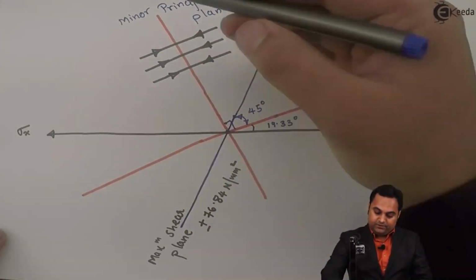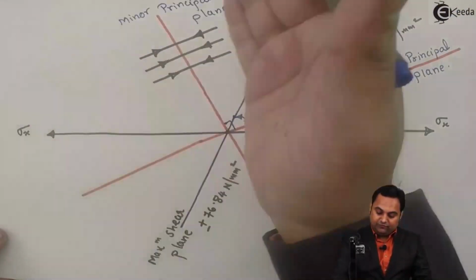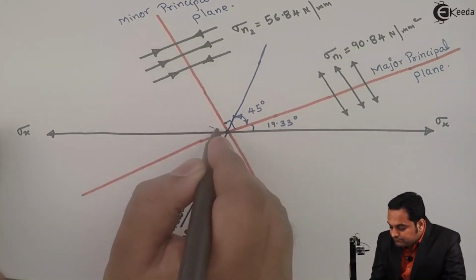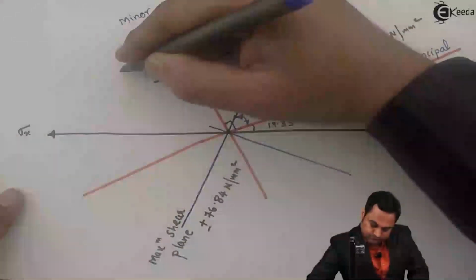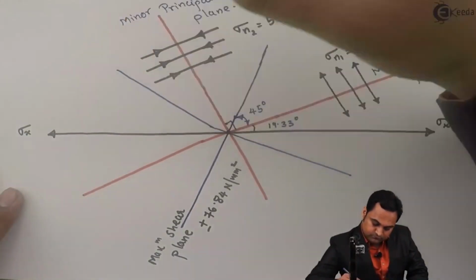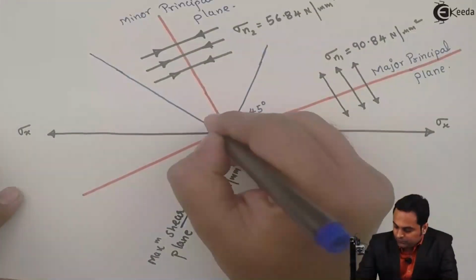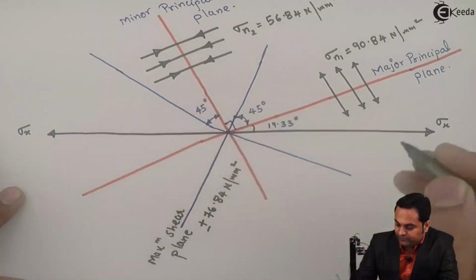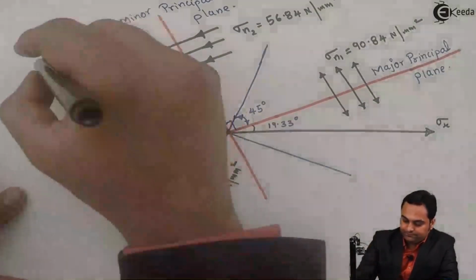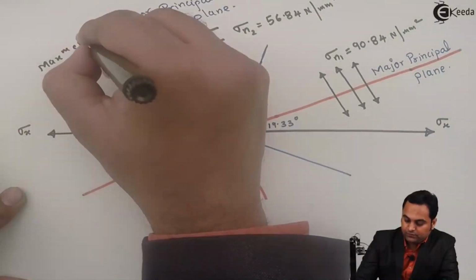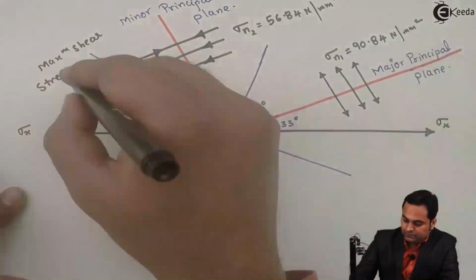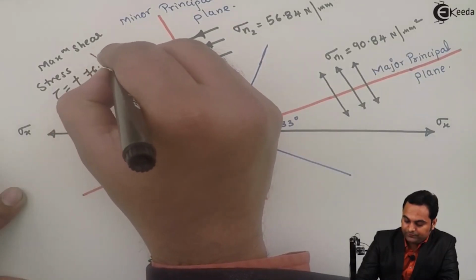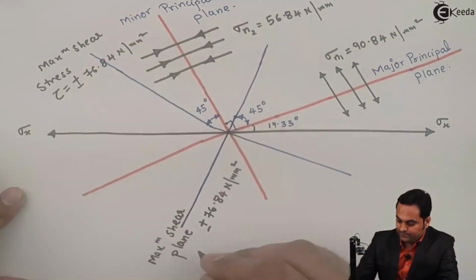So here I have the minor principal plane, and inclined at 45 degree to it there is another plane of maximum shear stress, and it has a value of tau plus or minus 76.84 Newton per mm square.